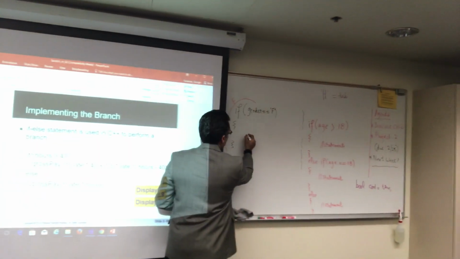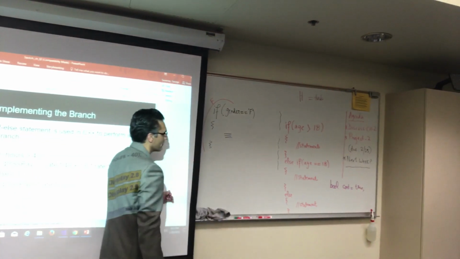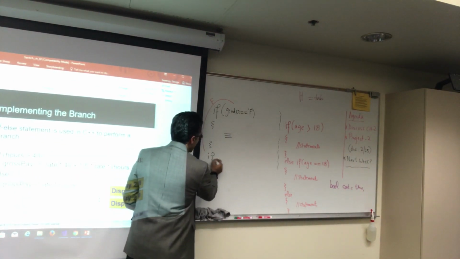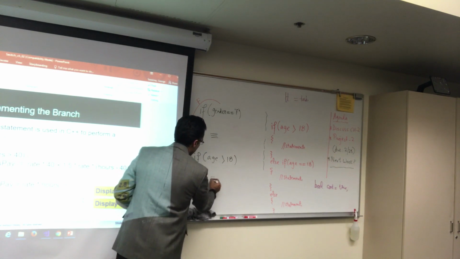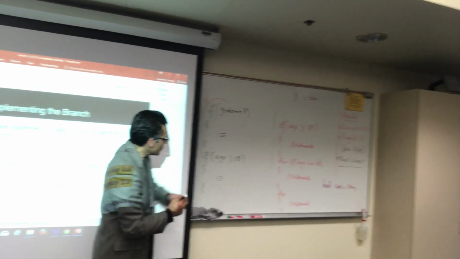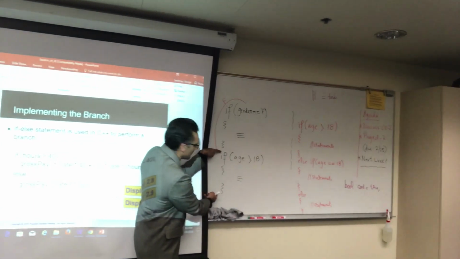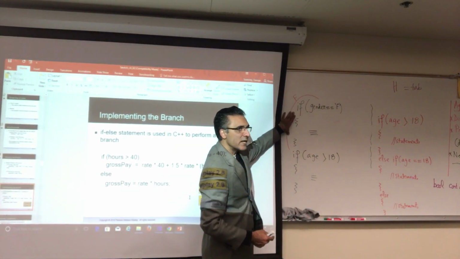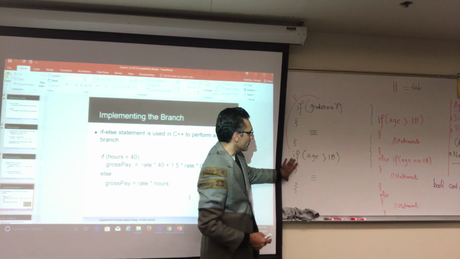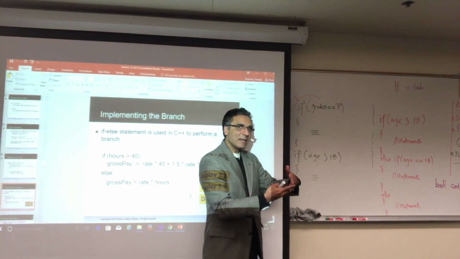If this happens, I'm going to go inside and run these statements. Then I go here, and I check if age is greater than 18. Then I'll go inside here and run these statements. Notice that these two control structures are not connected with each other. They are standalone. This one is standalone, and this one is standalone. Do you think I can combine them as well?